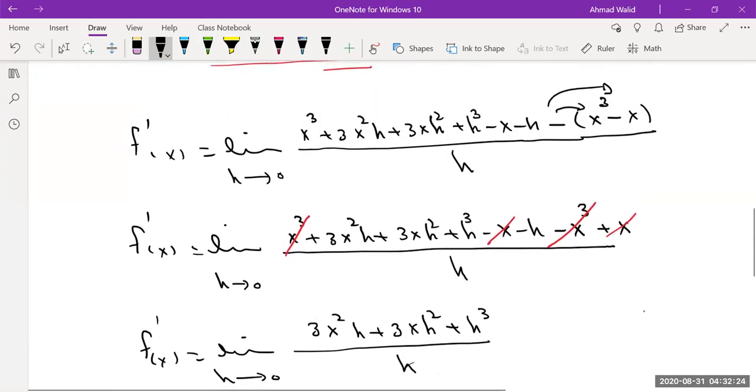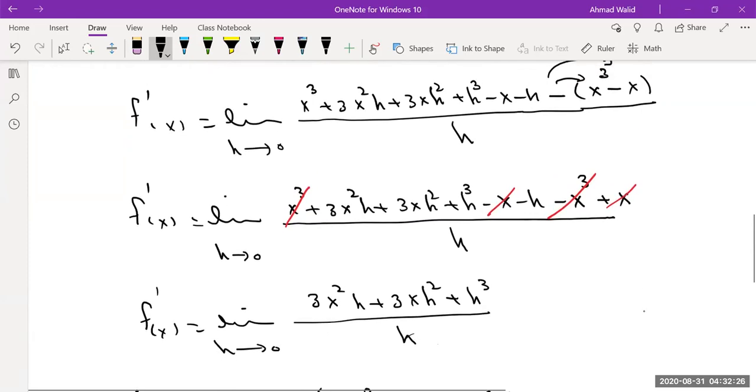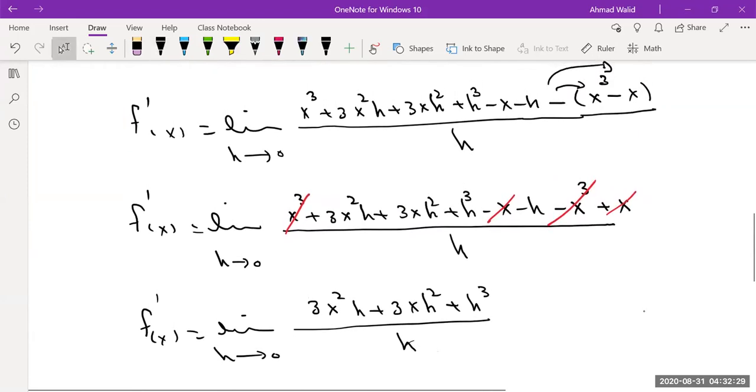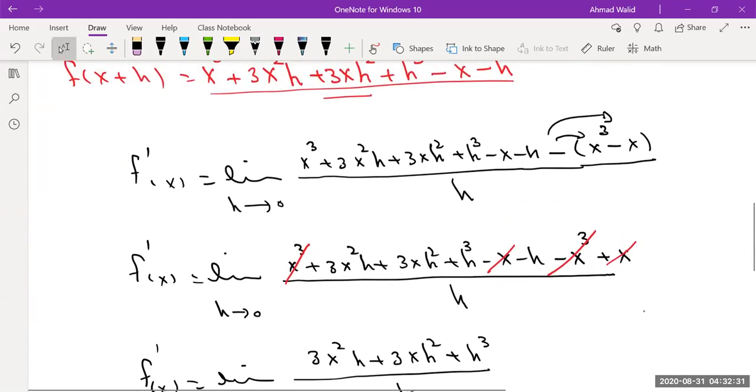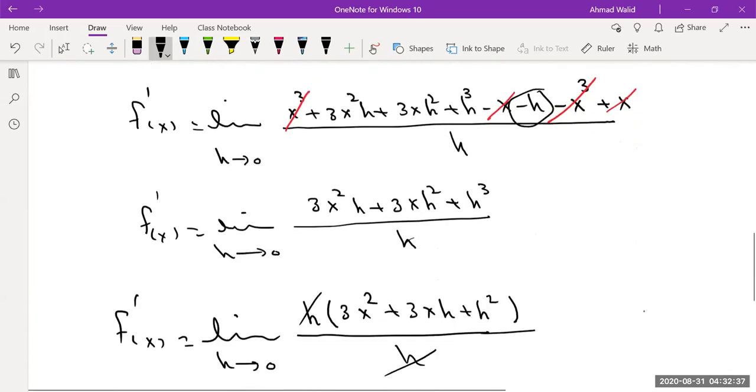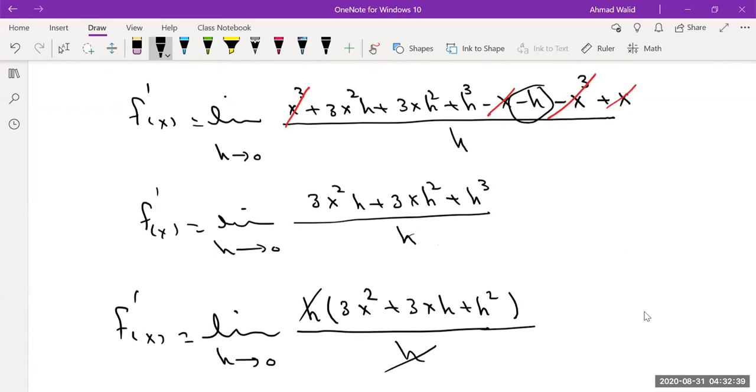I missed something here. I think we have a minus h cubed minus h. We missed this h. You see, we had another h here. Let's put that minus h here. And if you take it as a common factor, minus 1. Sorry, I missed it because it was a lot written.